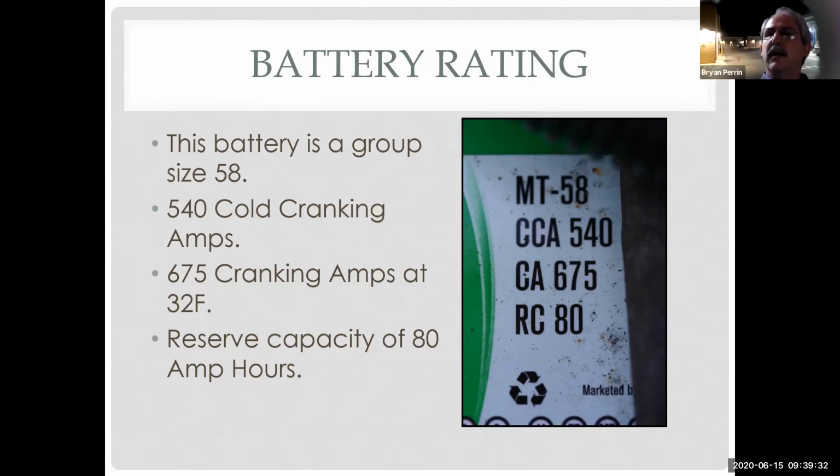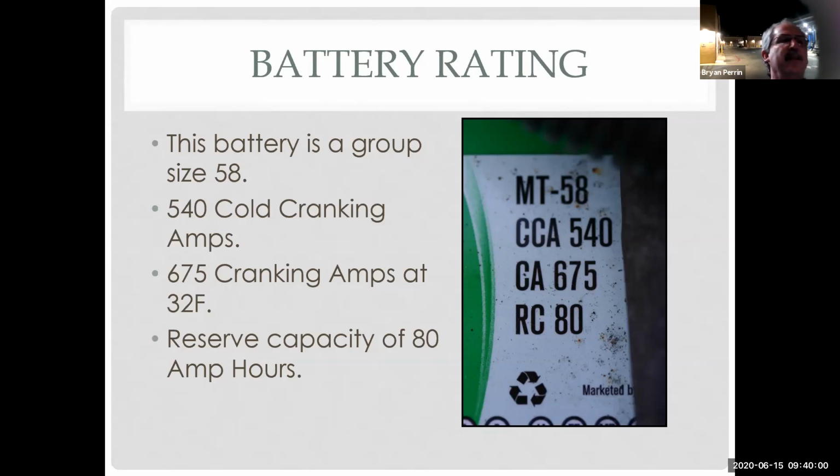It really comes down to what are the other features? What's the reserve capacity? How many amps does it have? Also, a cheaper battery tends to be a lighter battery because it has less material in it. That's why it has less capacity. For me, I buy the best battery I can get because I don't like walking.